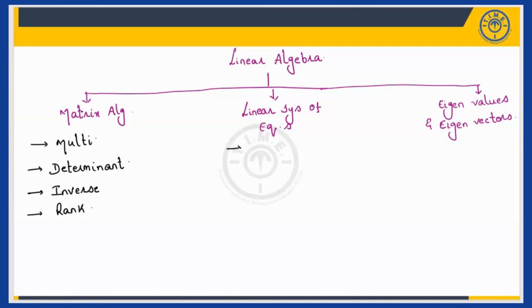And in linear system of equations, we have non-homogeneous and another one is homogeneous linear system of equations. And when it comes to eigenvalues and eigenvectors, we'll be learning about the properties of eigenvalues and eigenvectors, and we'll be learning about the Cayley-Hamilton theorem.